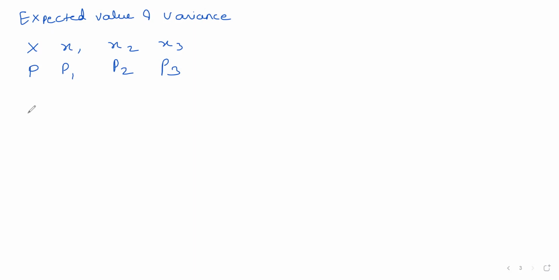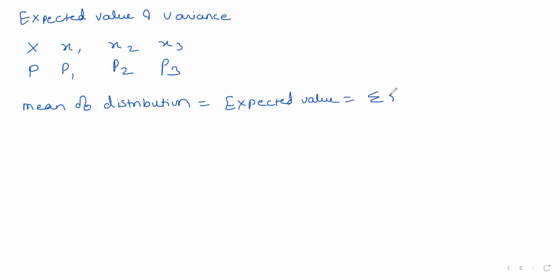Now, the mean of this distribution is called the expected value. That is summation XP.